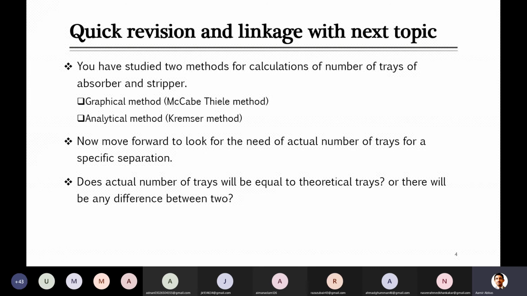By the way, if I recall properly, last week Abdurrahman was asking about a problem or example at the start of the chapter, and there he mentioned that the number of trays is around 30, and the equilibrium stages are 12.